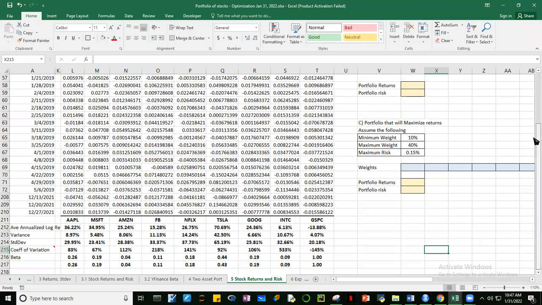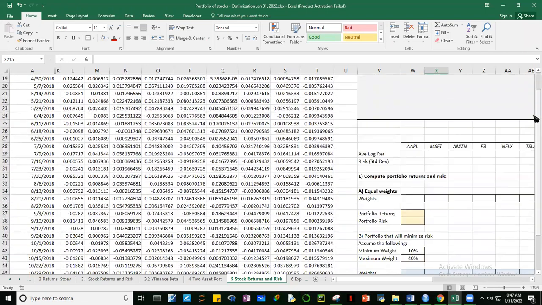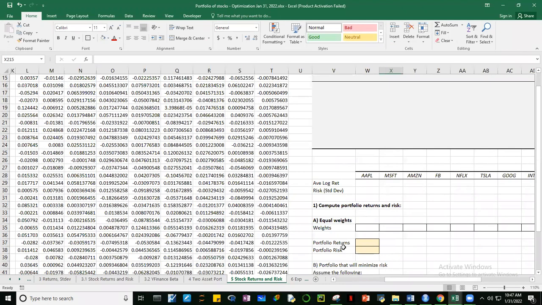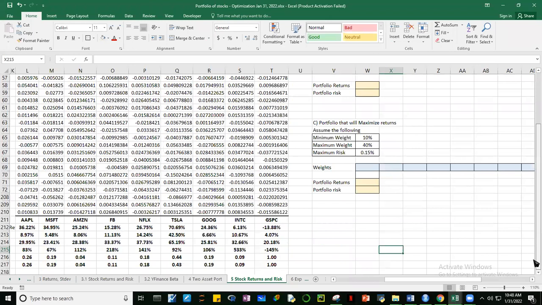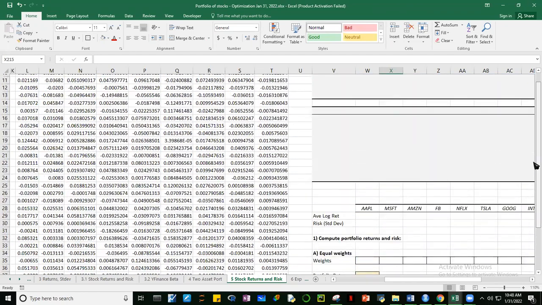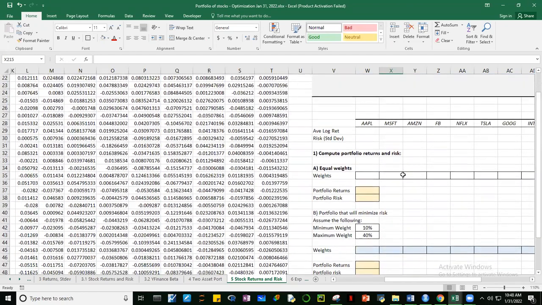Ang gagawin natin next meeting, magko-compute tayo ng portfolio risk, returns and risk. Okay, and then mag-optimization tayo, which means anong portfolio ang magbibigay sa atin ng pinakamababang risk. Hahanapin natin yung mga weights kasi una inassume natin na equally weighted lang sila.